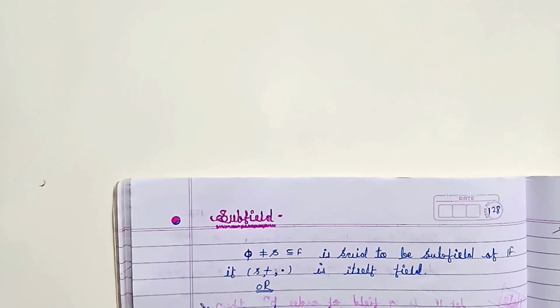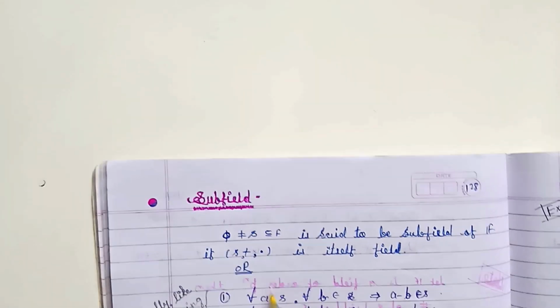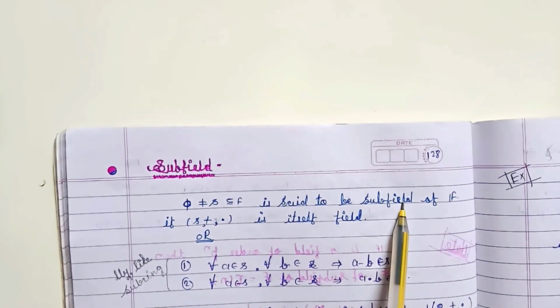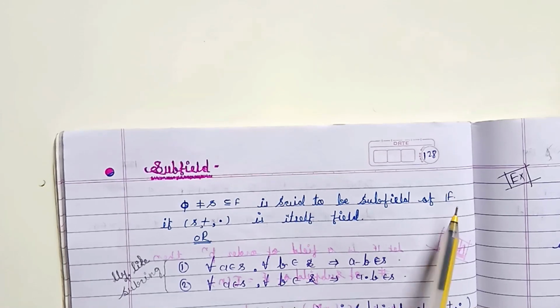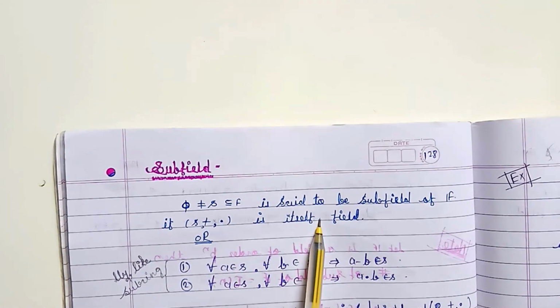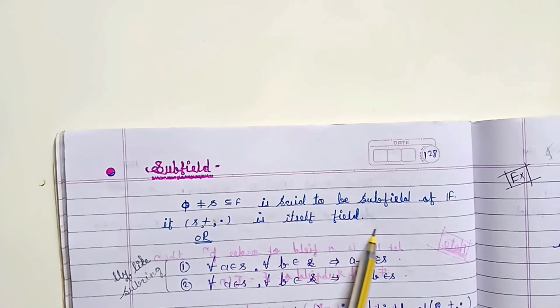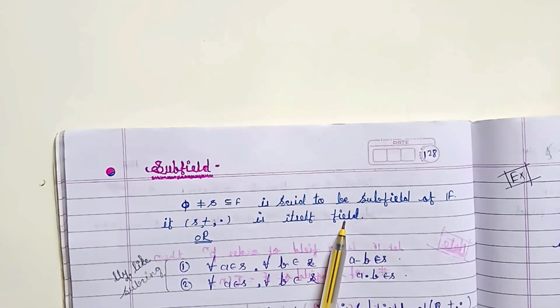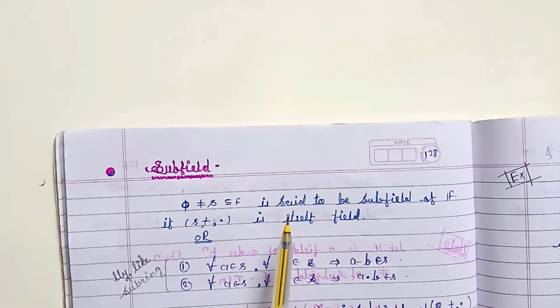Now let's read the definition. A non-empty subset S of F is said to be a subfield of F if S under addition and multiplication is itself a field. If you don't know the definition of a field and examples, you may check my previous lectures; everything is there.